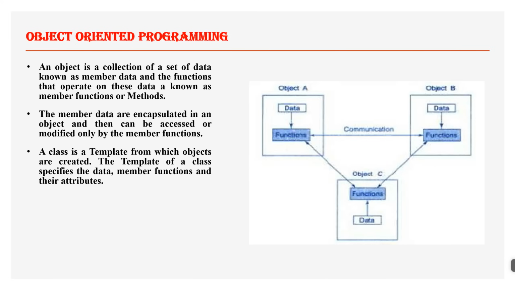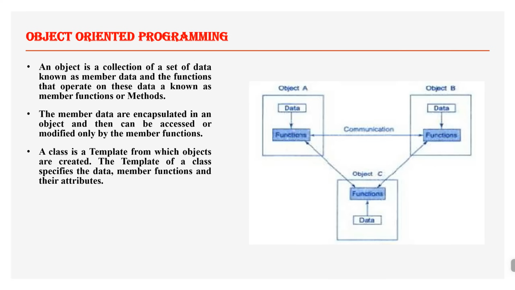As shown in the diagram, there are three objects: object A, object B, and object C. So what are the internal contents of these objects? They contain member data and member functions or methods, which are used to access the member data.